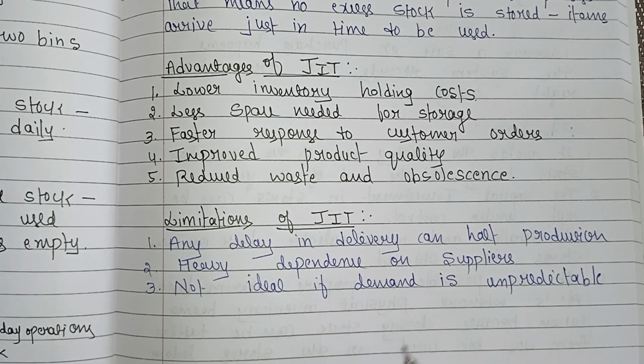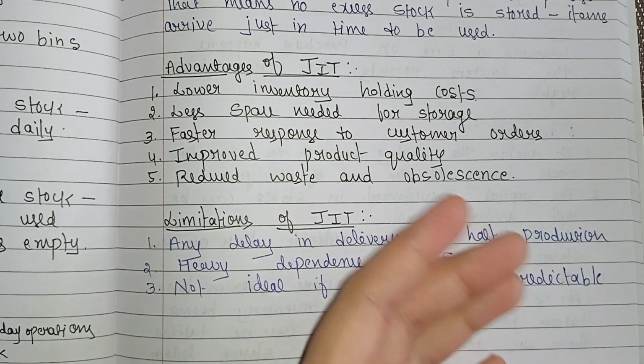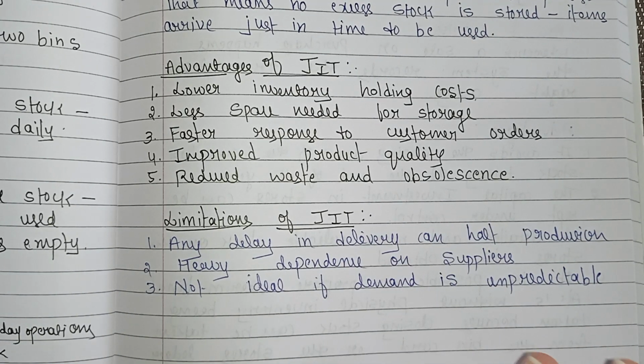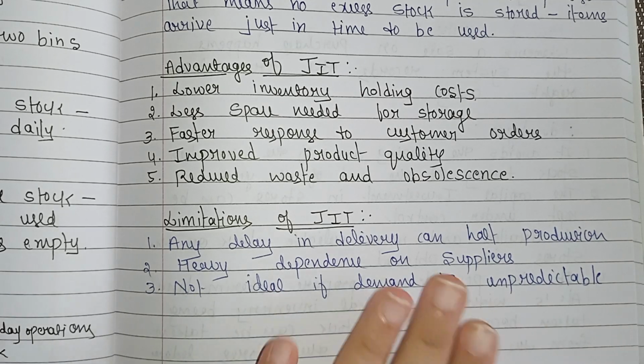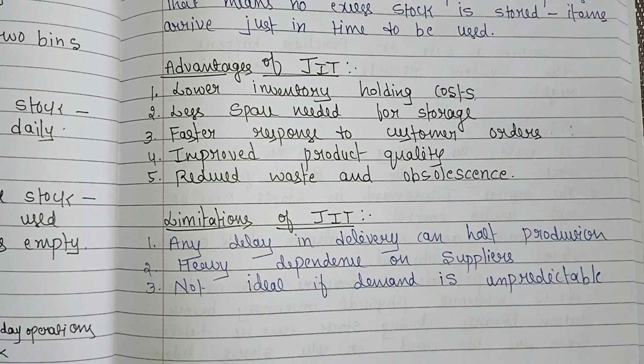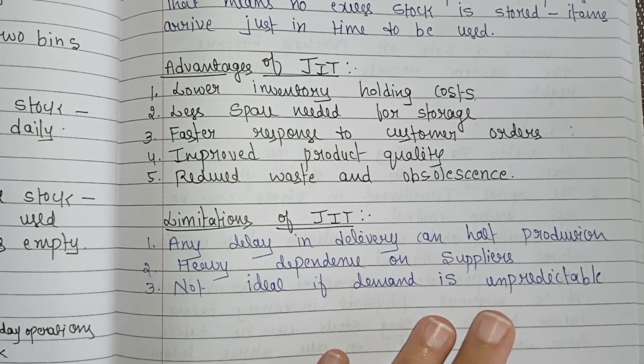JIT does not work well when customer demand is unpredictable, because there is no extra stock on hand. If orders suddenly spike, the business might not have enough materials to keep up, leading to delays or lost sales. So JIT works best only in a stable and predictable environment.